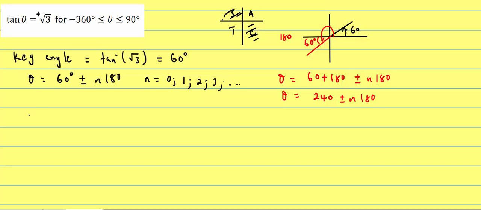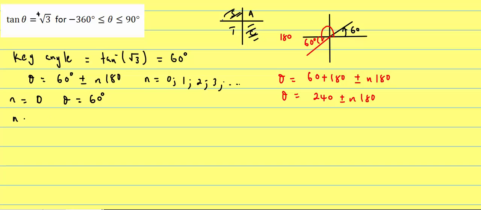What we now need to do is abide by this restriction that's given in our question. So we look for solutions that are going to be greater than negative 360 but less than 90. So when n is equal to 0, theta is going to be equal to 60 plus 0, so that gives you 60.